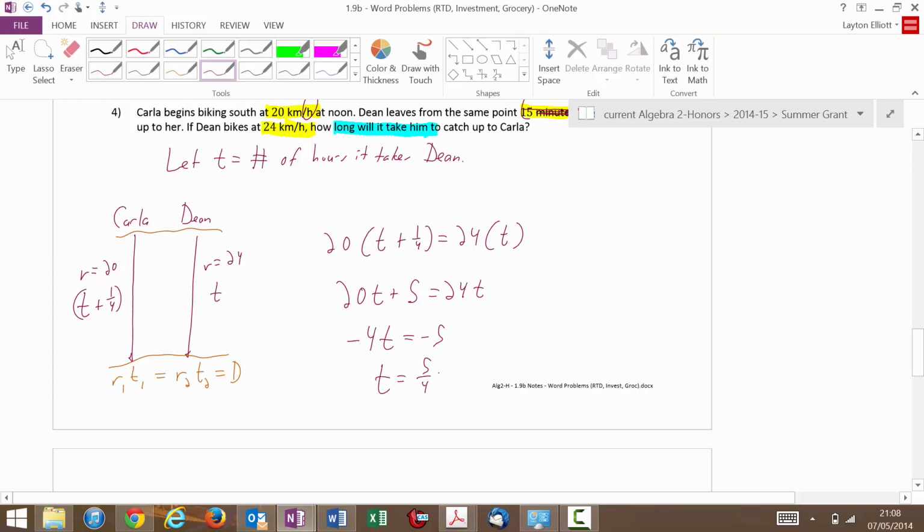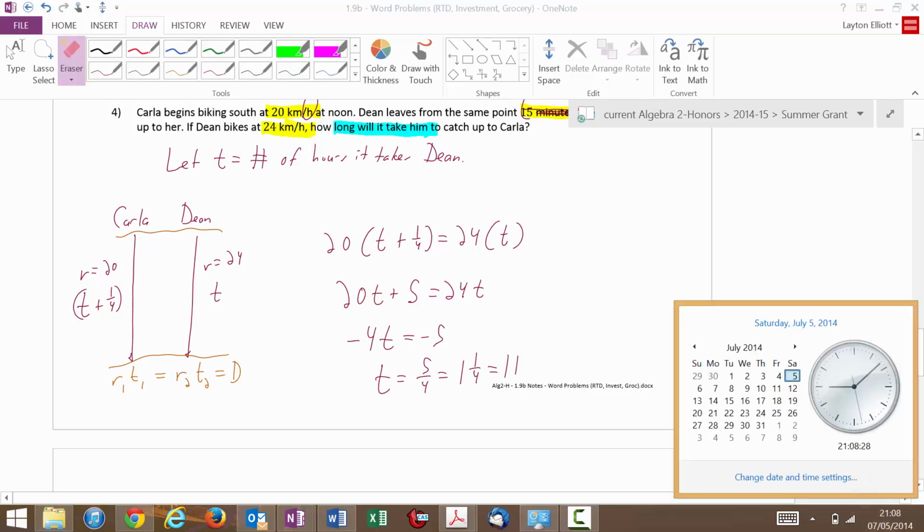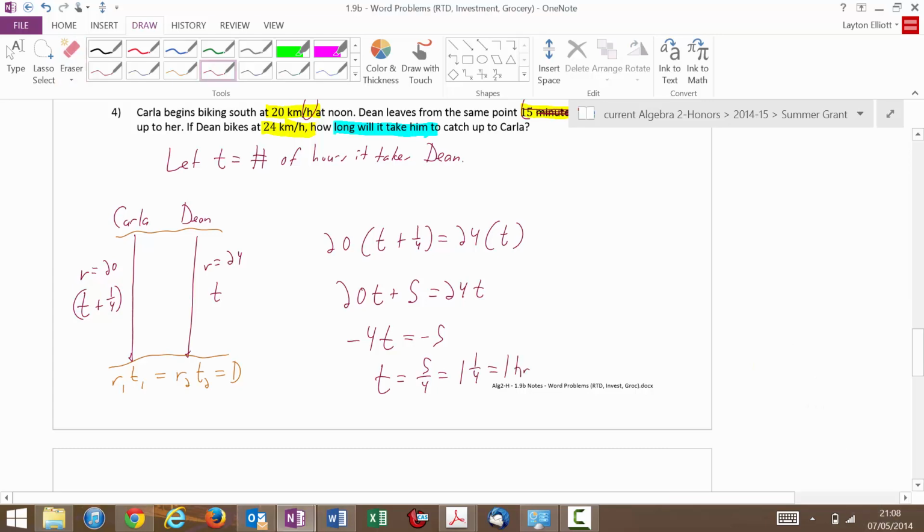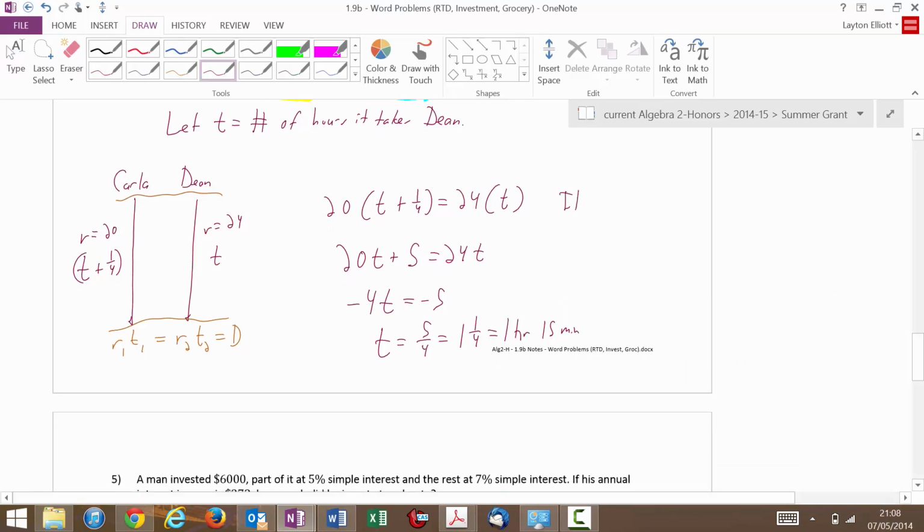Since this is number of hours, we're going to say 1 1/4, or I could say 1 hour and 15 minutes. So as a final sentence, it takes Dean 1 hour and 15 minutes. I like to spell out the 1.